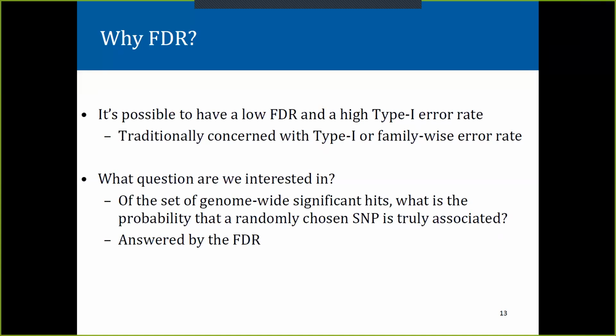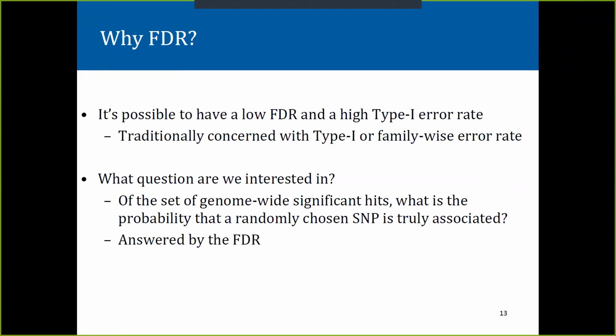And so I've been focusing on the false discovery rate because in my head, the question that we're interested in is, we run MTAG and we get a set of genome-wide significant hits. And the question that I have in the back of my head is, if we just took one of these hits that we've discovered, what's the probability that that one's actually truly associated, as opposed to actually being null and just being an artifact of a violation of this homogeneous omega assumption?